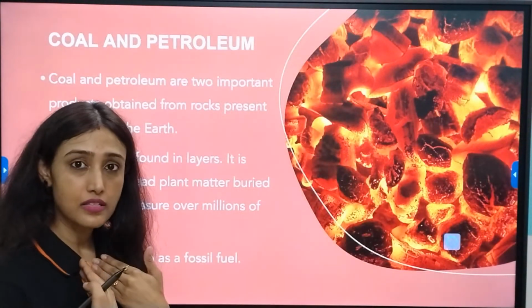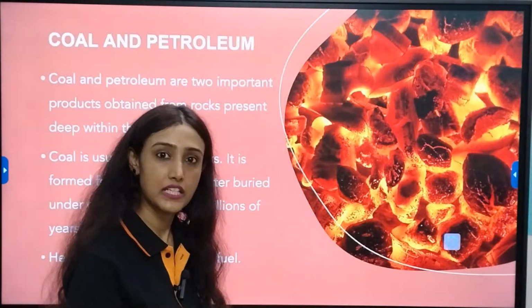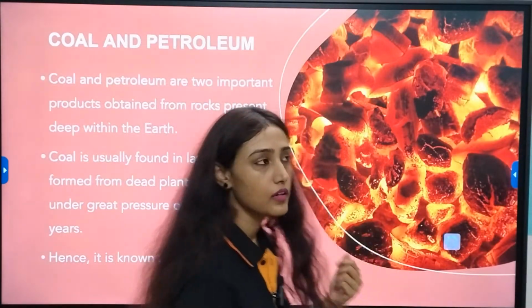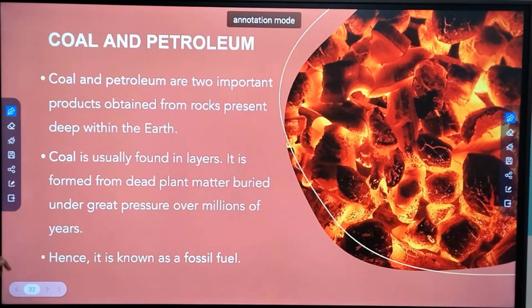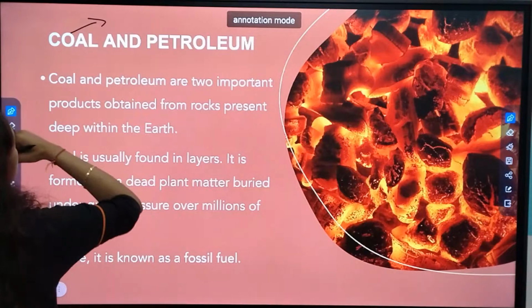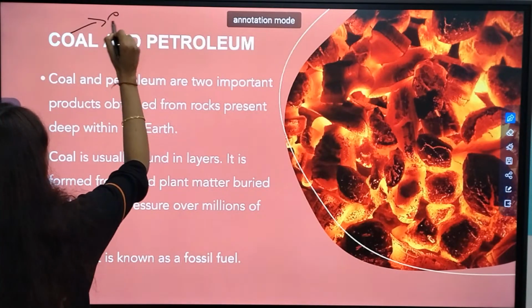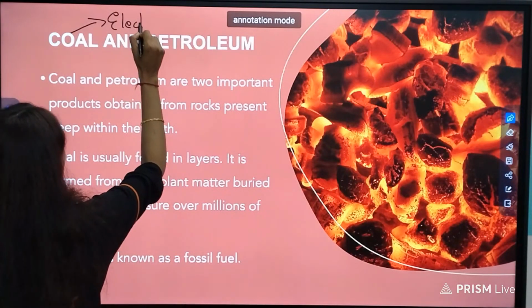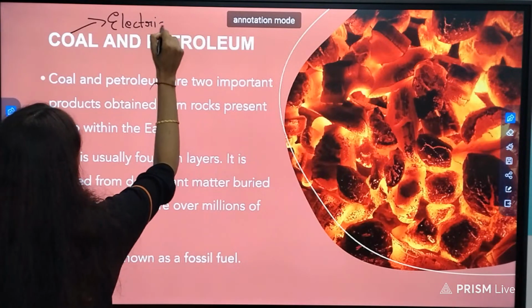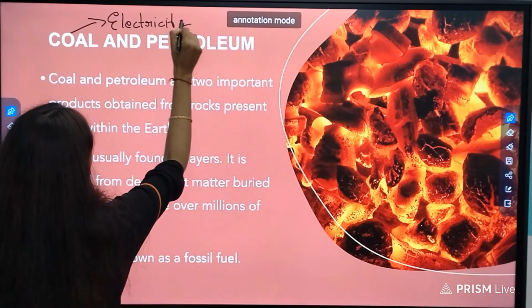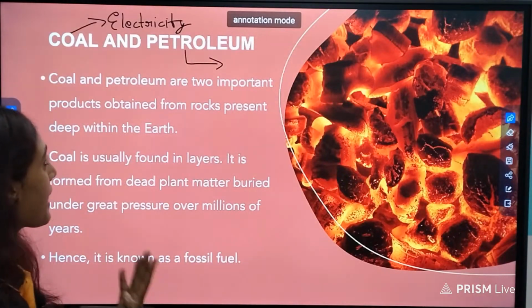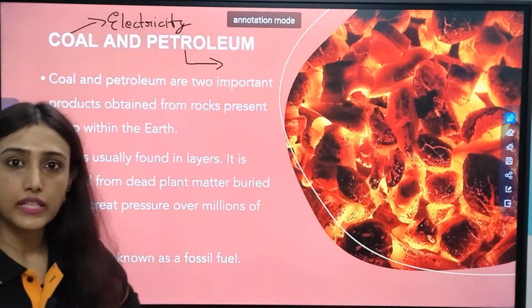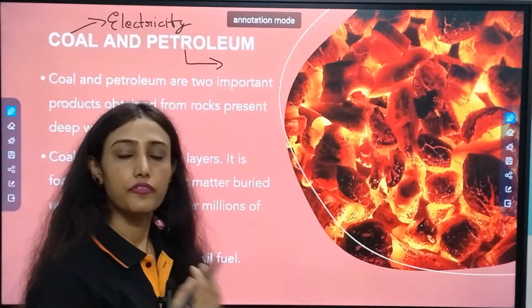Energy to us? No. Energy to the machines to work. Like coal is the source of making electricity. And petroleum, you often know your father may have a car, bike, scooty, or any kind of vehicle.